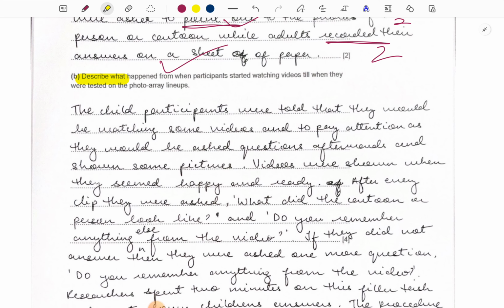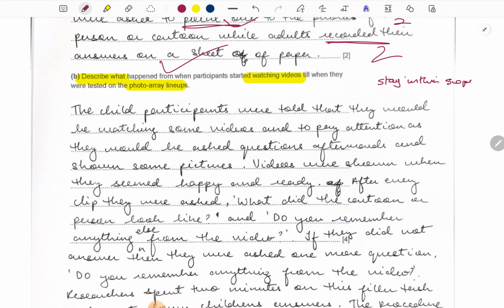Often they do mention, like in this one, from when the video started till they were tested on the photo array lineups. So they've given you a boundary. You have to cover within this part only. So don't write anything that was done before watching the videos or anything that was done after looking at the photo array lineups. Stay within the scope of what the question has asked. That is key.